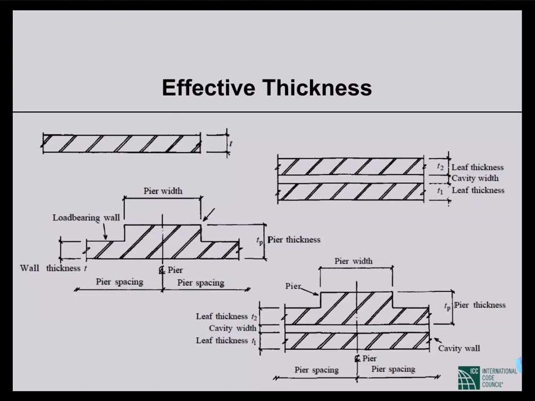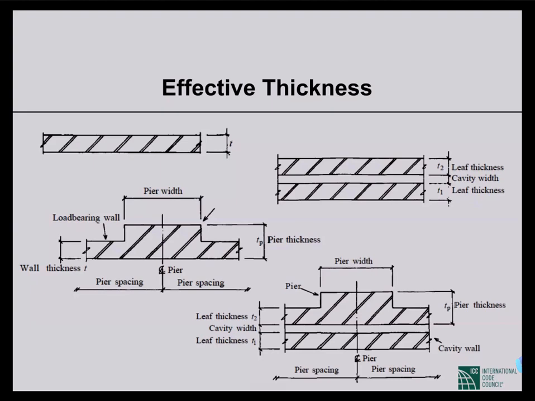Effective thickness is basically the nominal thickness of the wall. But in case of cavity wall, you can see the second case on top right. There, this is just a cavity wall where we have two leaves of walls or two limbs.